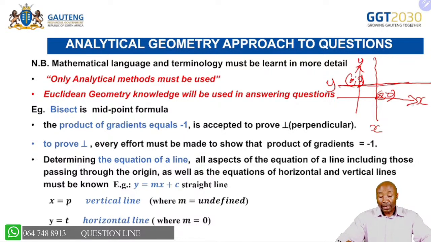And we are able to generalize and say for any vertical line, x = p. If our x-intercept is (p; 0), it means it is x = p. If our y-intercept is (0; t), it means it will be given as y = t for our horizontal line.